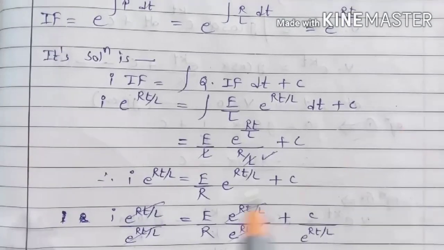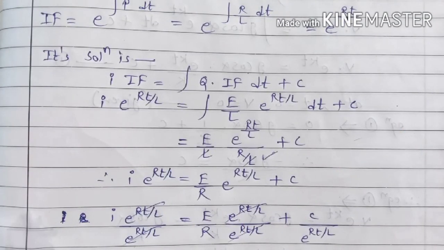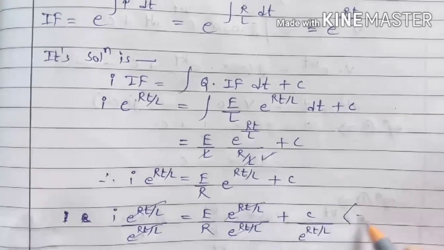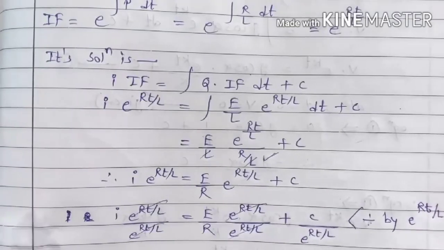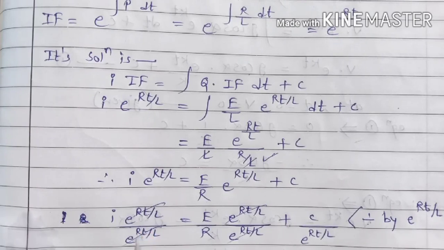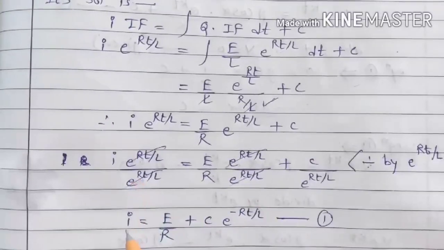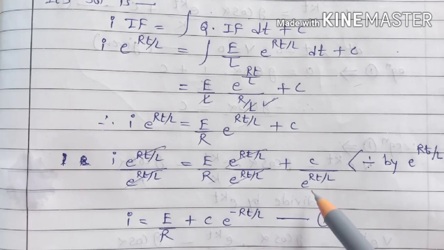Now we divide this whole equation by e raised to Rt by L. Here e raised to Rt by L cancels, here also e raised to Rt by L cancels, plus C upon e raised to Rt by L. Left side i equal to E by R plus C into e raised to minus Rt by L. We shift this denominator into the numerator, so e raised to Rt by L becomes e raised to minus Rt by L.